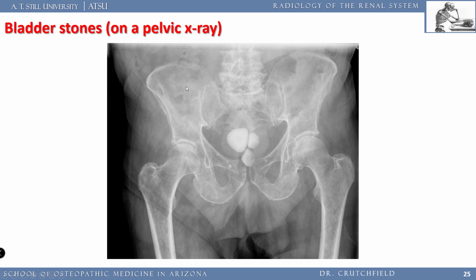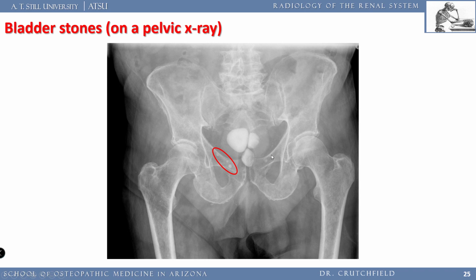So here's a plain X-ray of somebody's abdomen, and they have some stones in their bladder, these big giant stones here. But these little things, so this is a bladder stone, these little things are called phleboliths right here. They're usually calcifications within a blood vessel, or sometimes they can be little pieces of poop in, for example, the ascending colon or descending colon.